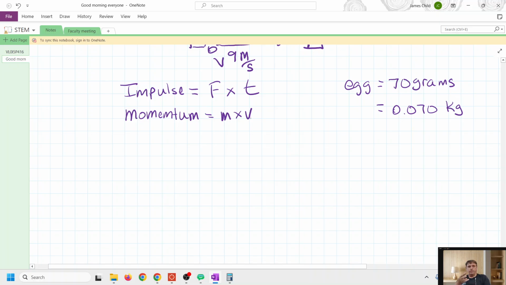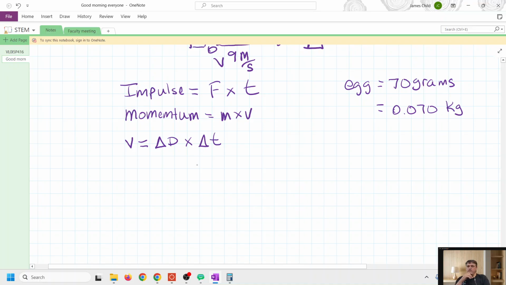We're going to drop it from 3 meters. I looked up the formula for this, and it is velocity. Now, this is a special case. Of course, we were talking in earlier modules that velocity is the change in distance over the change in time.